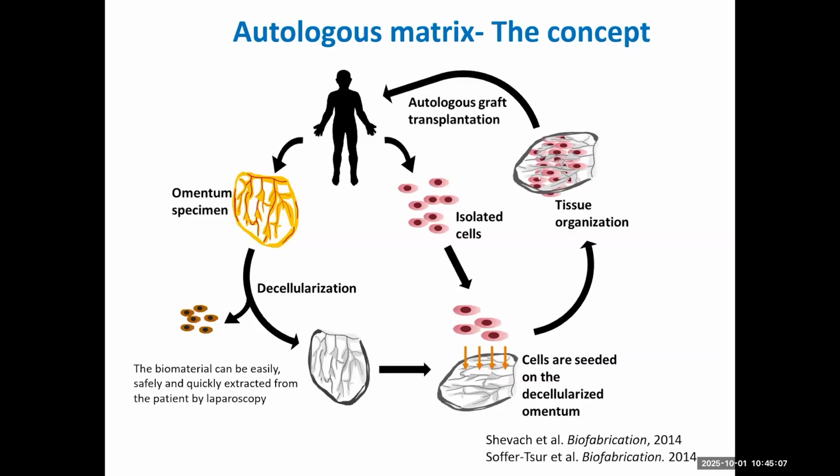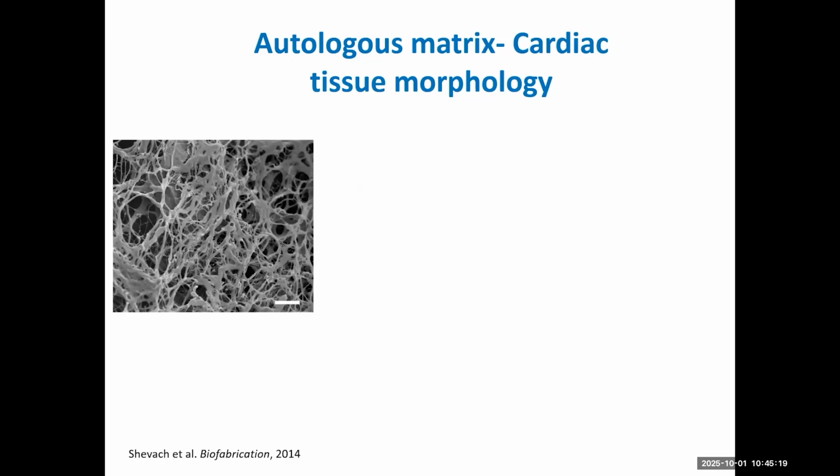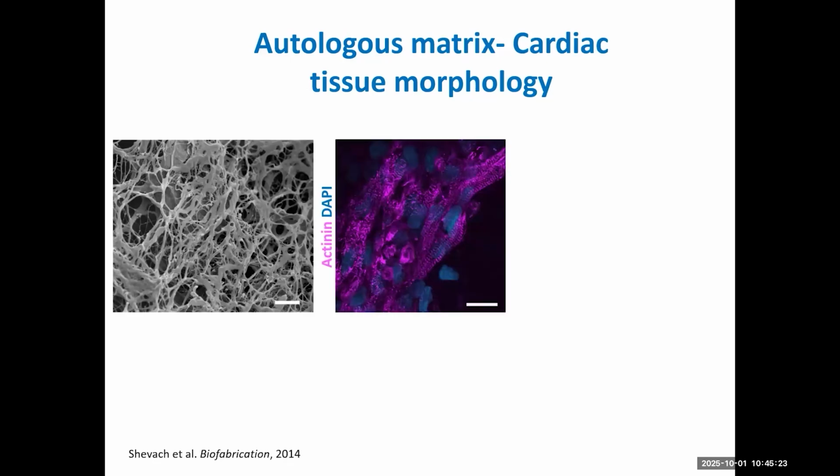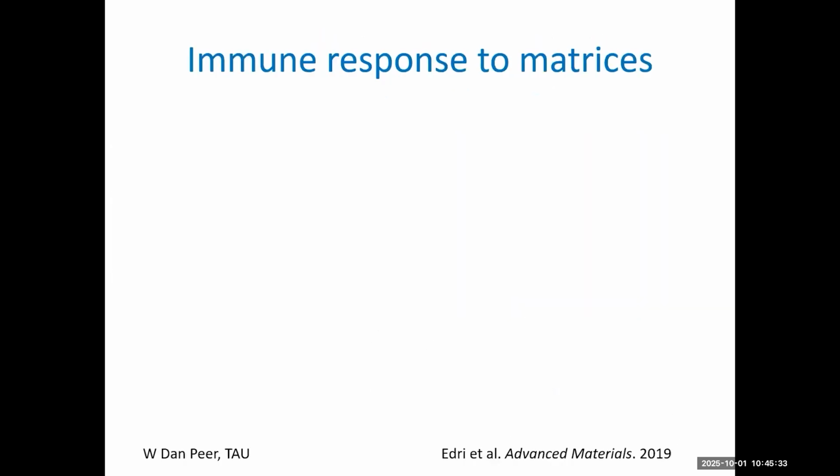We can take the cells, seed them within, differentiate them to any cell type, and we have completely autologous tissue that will not provoke an immune response. And if we look at how the cells are seeded and behave within, you can see that they are aligned, and we can create nice vascularization within these patient-specific scaffolds, and they contract nicely.